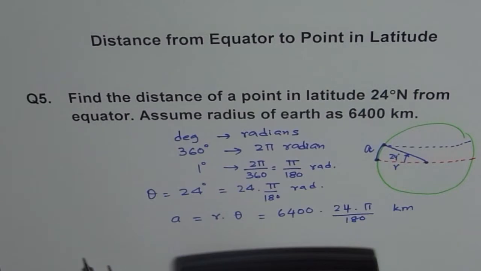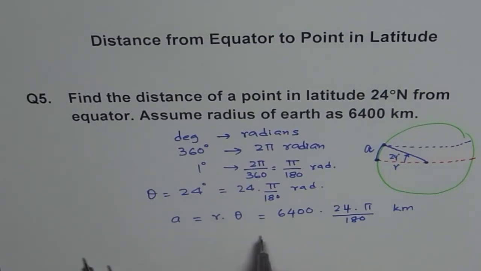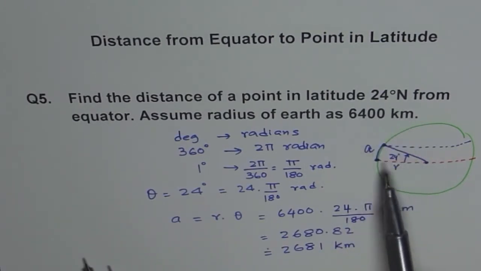It gives me 2680.82, which I can round to 2681 kilometers. So that's the distance of a point in latitude 24 degrees north from the equator.